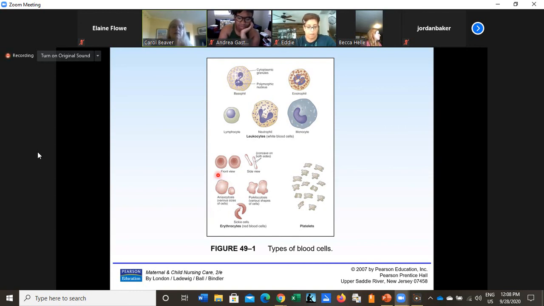This is very normal, but the anisocytosis is when the sizes are different. Like if there's not enough iron in the cell, it might end up being smaller, and there may be some problems with it being larger than it should be.